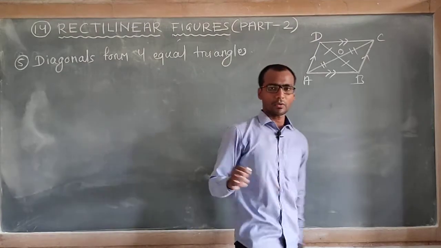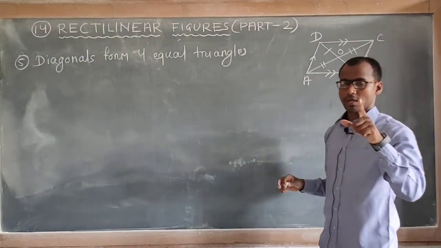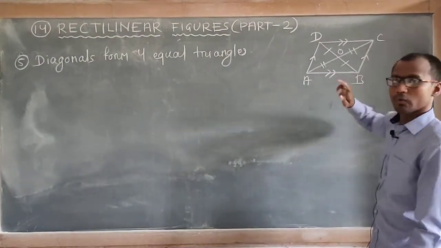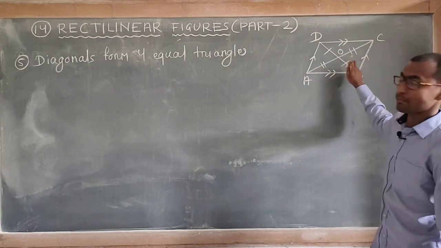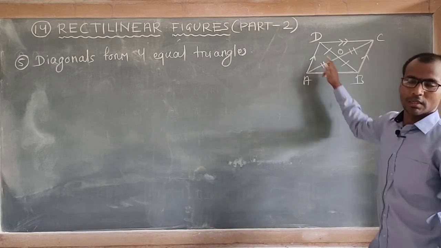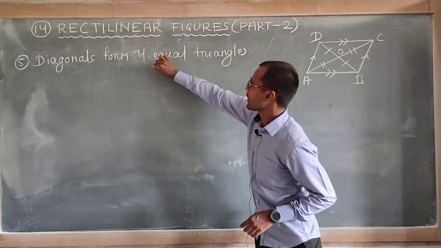You can see by drawing both the diagonals, not one diagonal, both the diagonals, we have got 4 triangles. 1, 2, 3, 4. AOB, BOC, COD and DOA. These 4 triangles are equal.